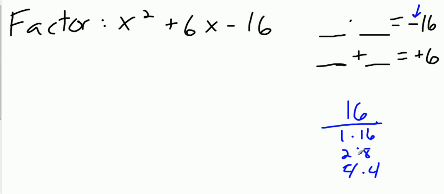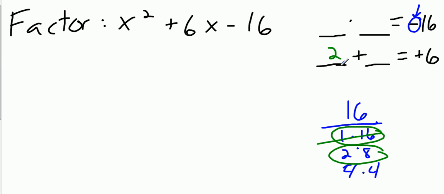The key is we're going to be subtracting, right? Because if we're going to multiply a positive and a negative together, then we'll get the negative 16 we need. Right? But once we decide to add a positive and a negative together, they have a subtracted effect. So when we go through our list here of all the possible factors, right? 1 and 16, they don't subtract to 6. 2 and 8, yes, that does subtract to 6.